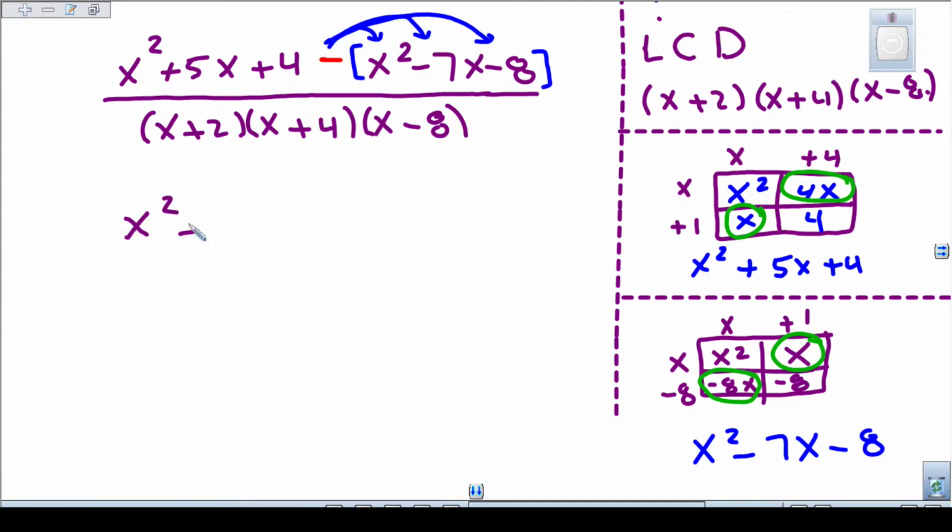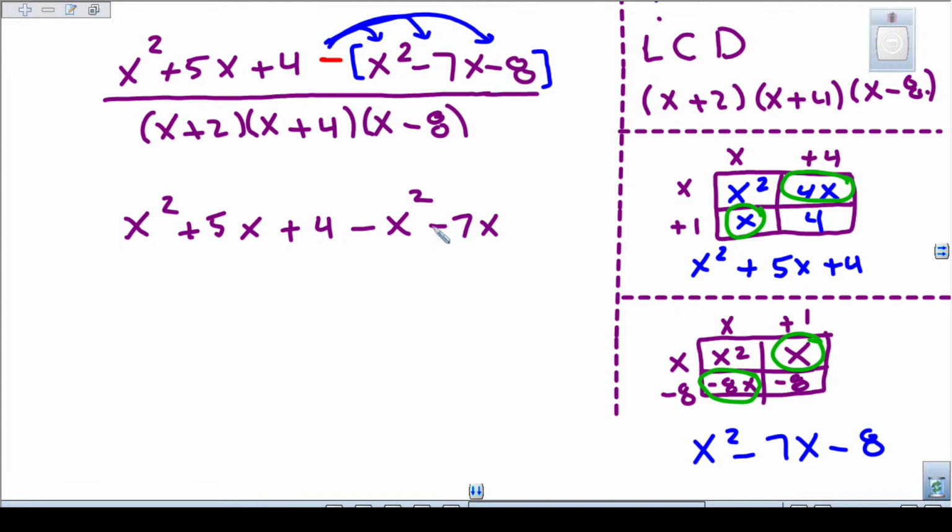X squared plus 5x plus 4. Now minus x squared. Minus 7x. Is it minus or is it positive? Somebody tell me, is it positive or is it minus? It's positive.